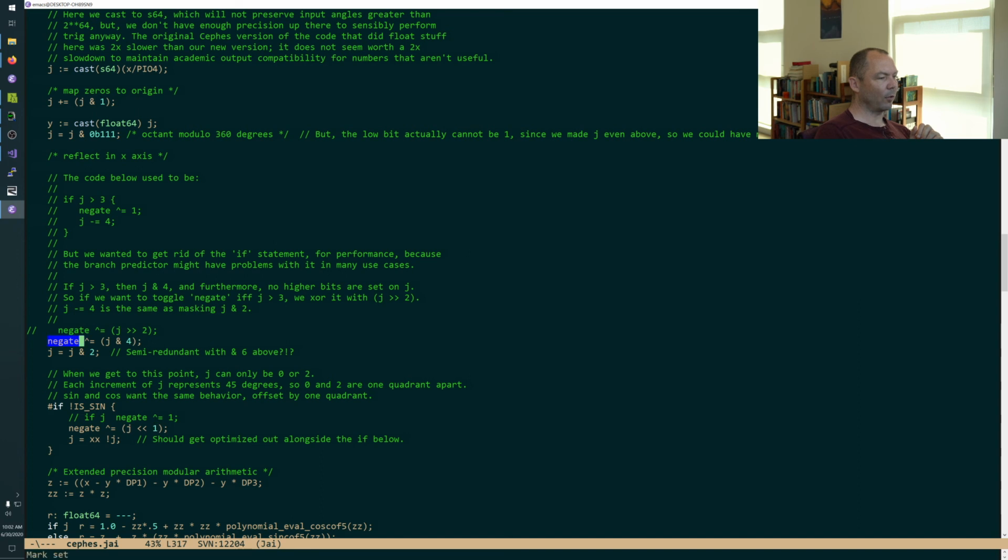So for sine, it's just this. For cosine, it's semi-redundant with and 6 above. Yeah.